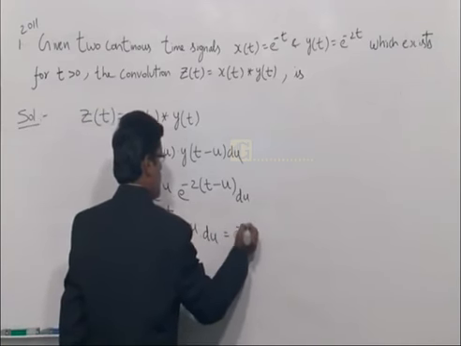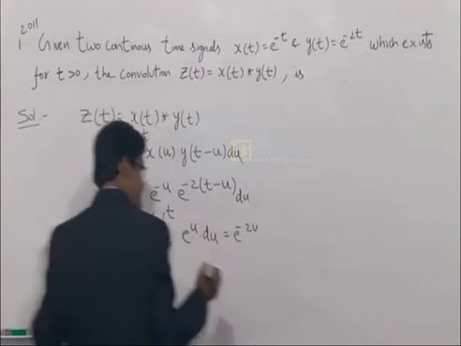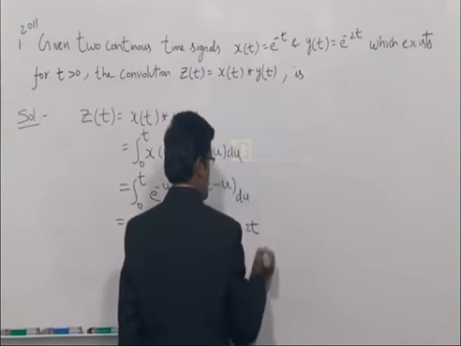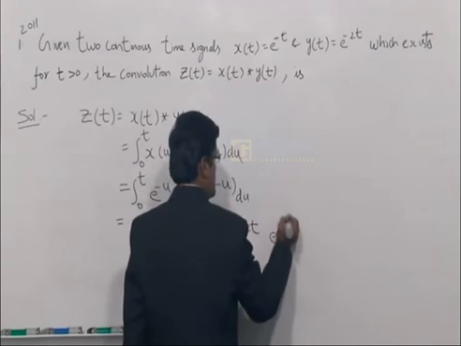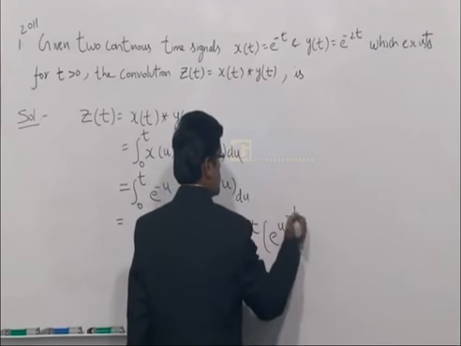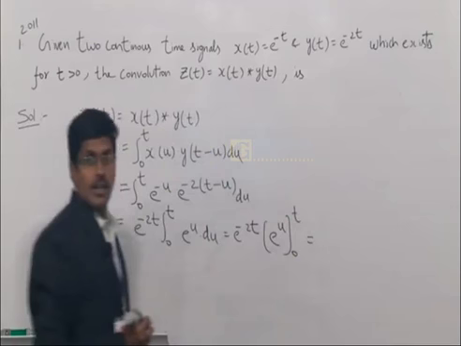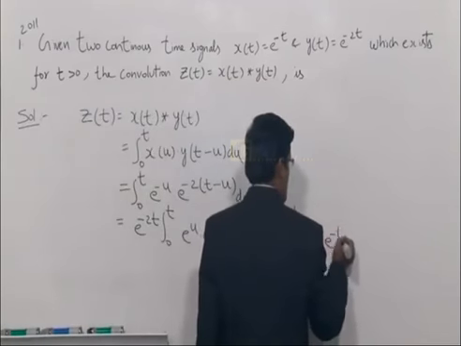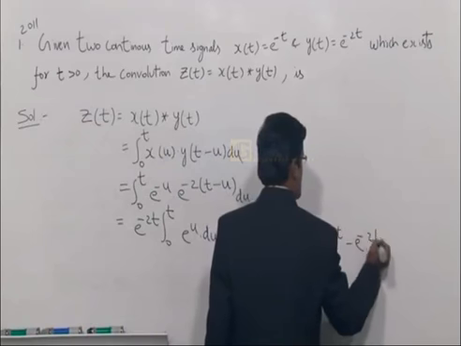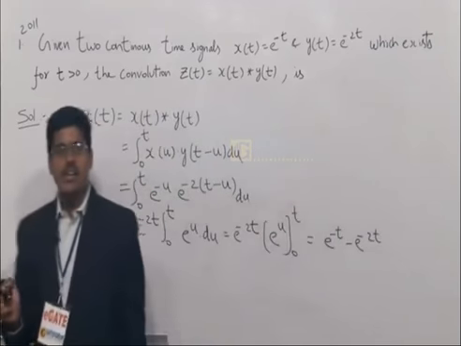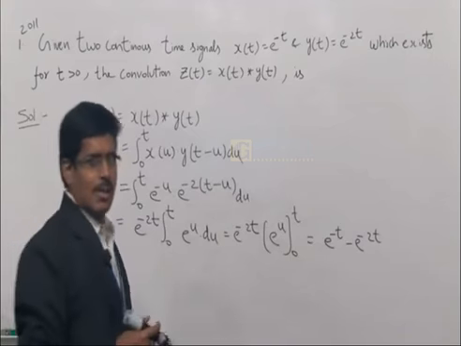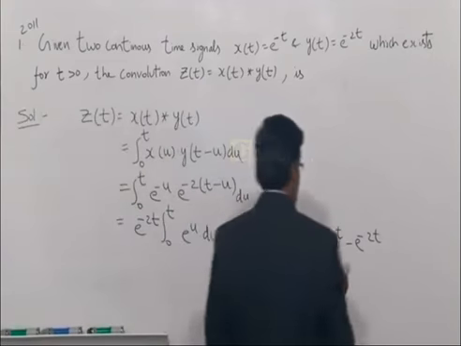So this is e power minus 2t integral e power u, which is e power u, limits 0 to t. After substituting the lower and upper limits and multiplying with e power minus 2t, this simplifies to e power minus t minus e power minus 2t. So in this problem, the convolution of the two signals is nothing but the difference of the two signals respectively.